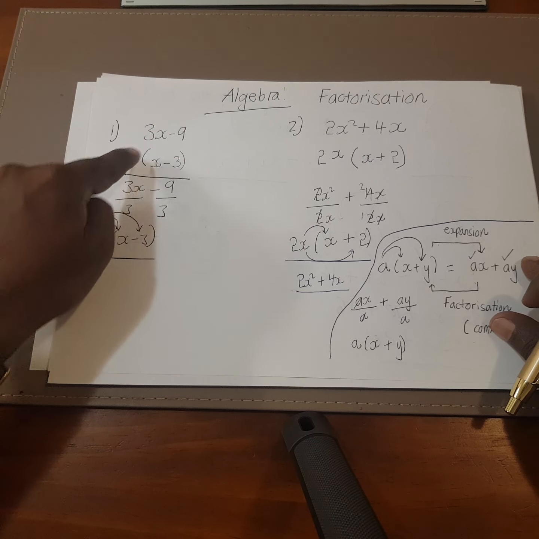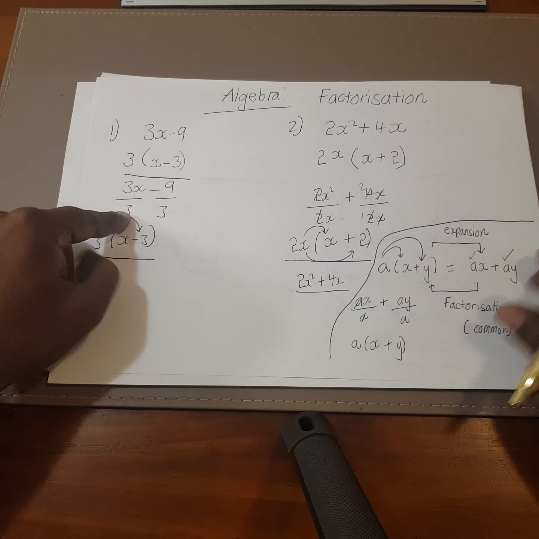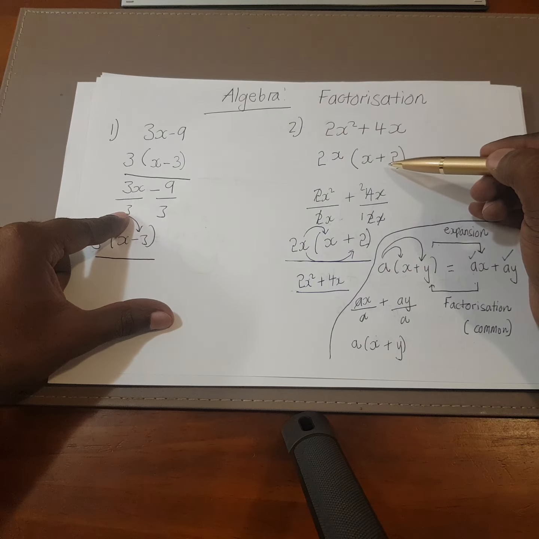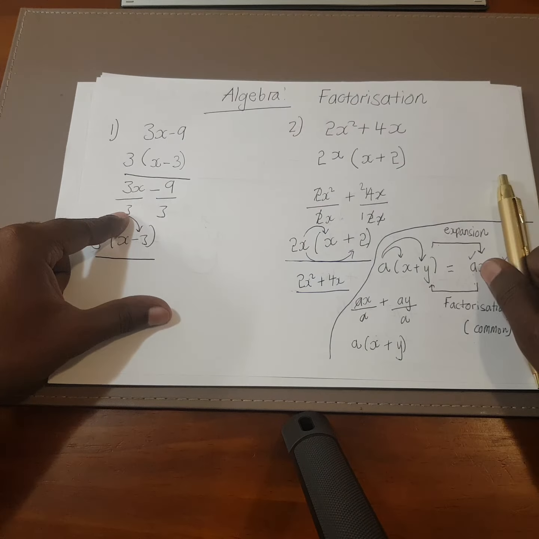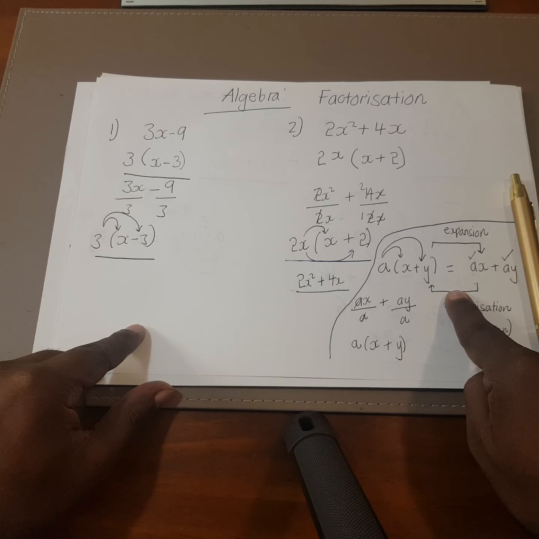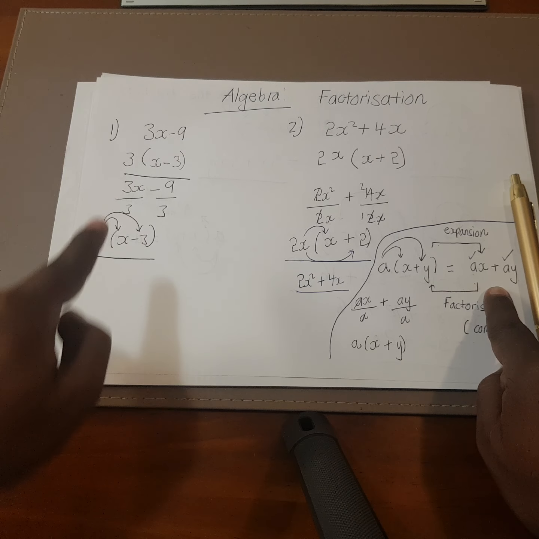You leave that out, you open your bracket, and then you divide the way I've worked it out here, and then you put the respective sign, and then you put the brackets, and then you get the answer. And the last thing is, if you want to confirm you're correct, you can do the reverse, which is expansion, which is illustrated here, to see if you got it correct.